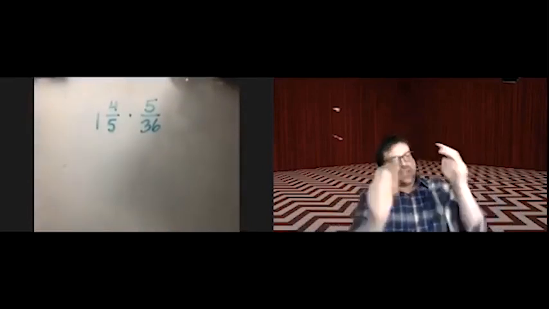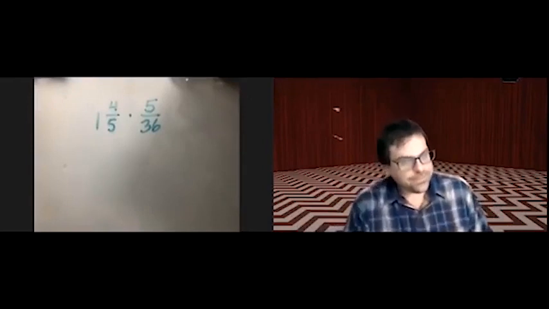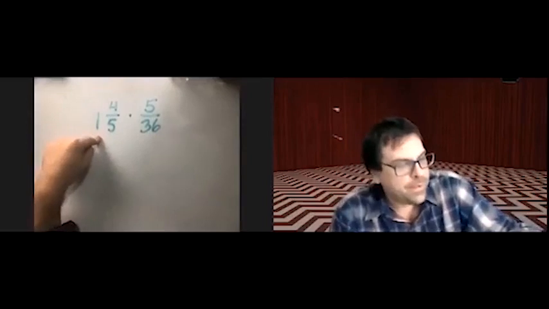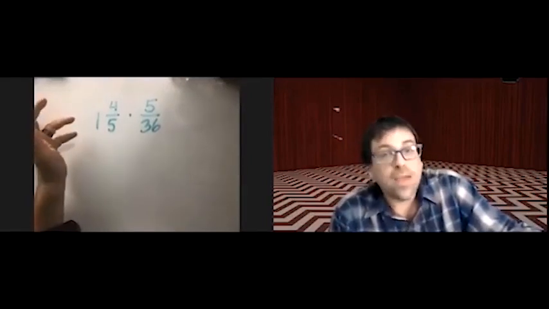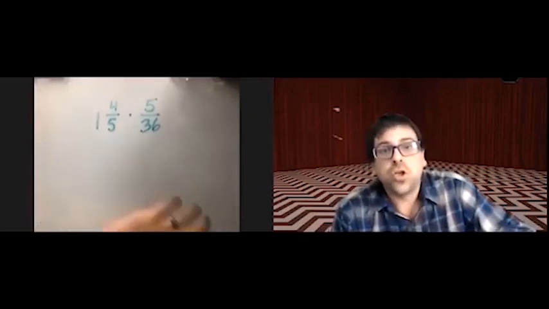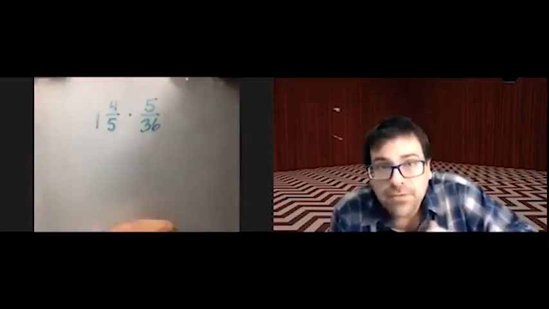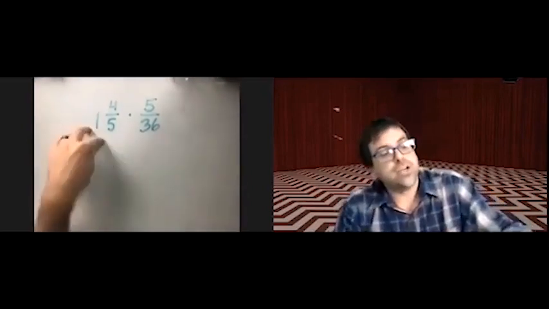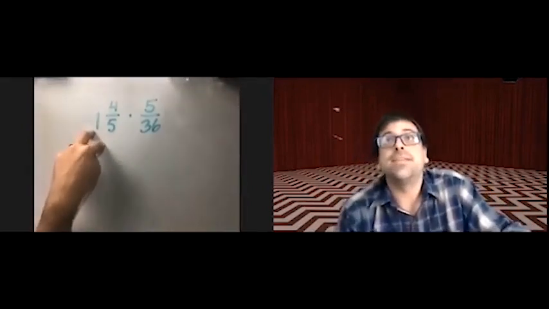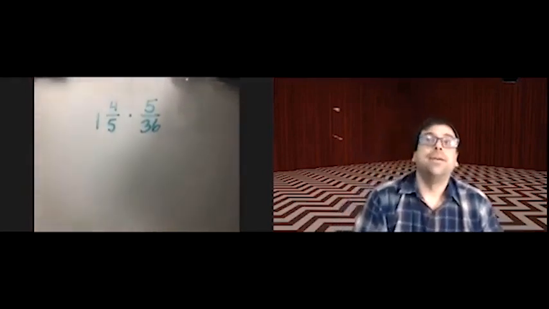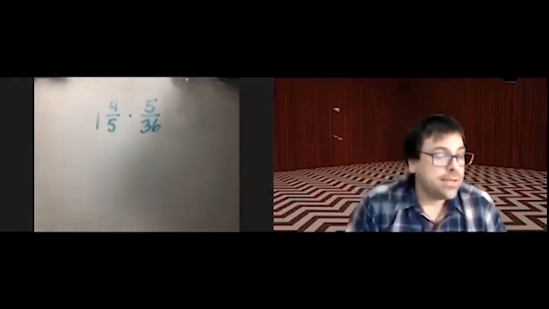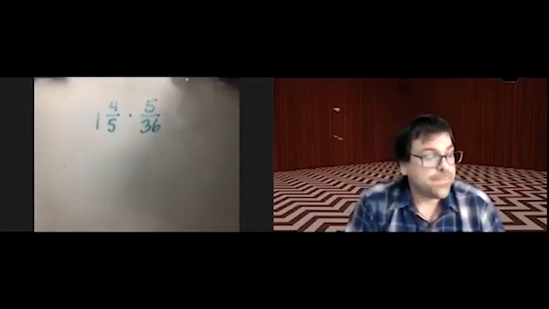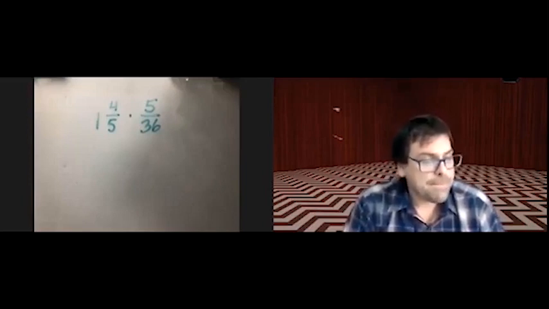In fact, the only thing we do know at this point is because there is a mixed number in the problem, that means that we need to turn our answer into a mixed number if necessary. So if we get an improper fraction, we need to change it into a mixed number because the mixed number is in the problem. If we get a regular proper fraction, then there's nothing to worry about. Proper fractions don't get changed into mixed numbers, only improper fractions.